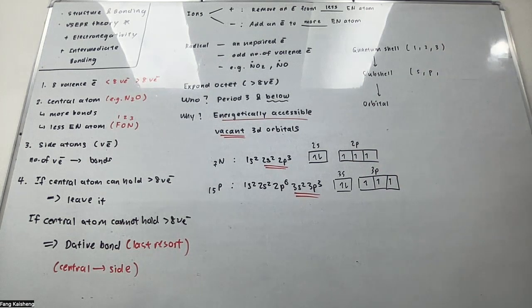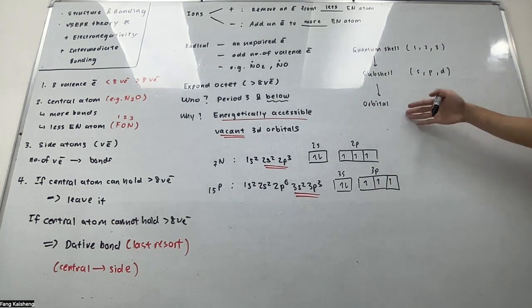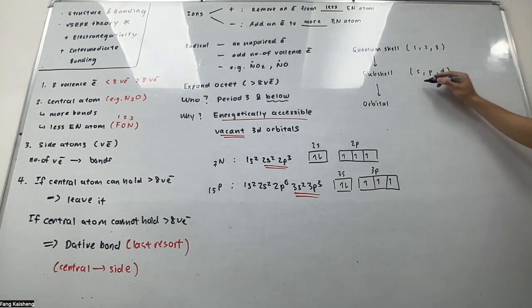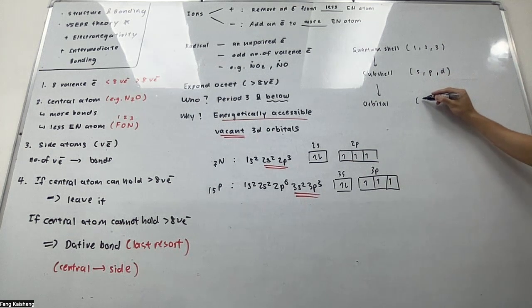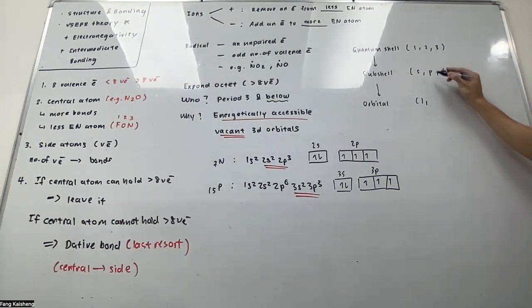Third shell has 3 only, right? s, p, and d. That's not really the issue here. What I want to talk about is mostly the orbitals. An s subshell has how many orbitals? 1, p has 3, d has 5. So you can see the splitting like that.